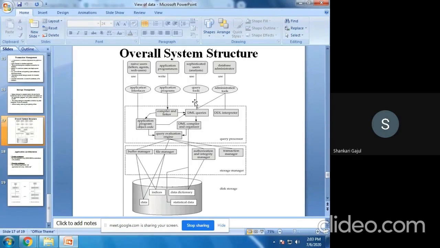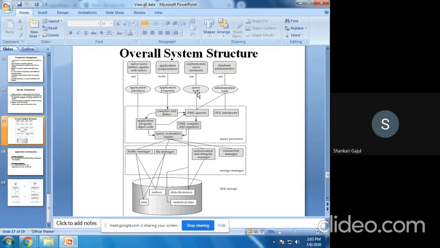Sophisticated users interact with the database, but they are not directly interacting. They use query languages or query statements. By using query statements, they can interact with the database system. They are not allowed to interact directly like the naive users. They interact indirectly with the database with the help of query tools.